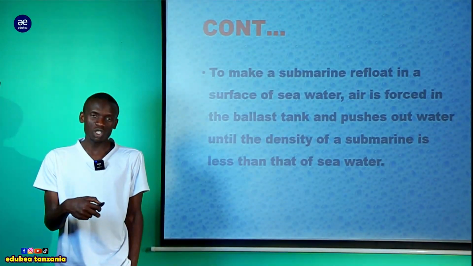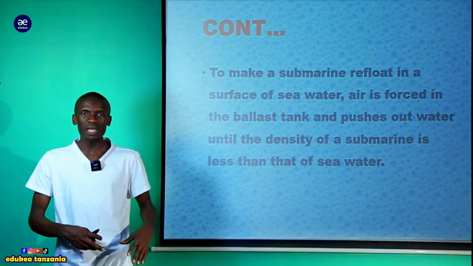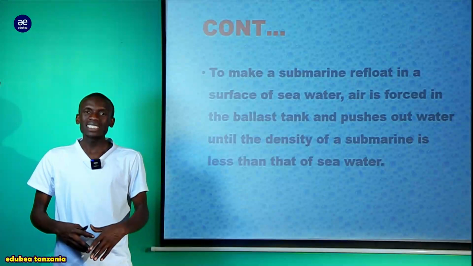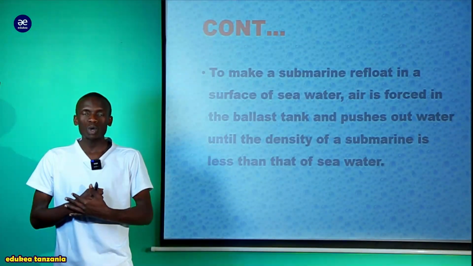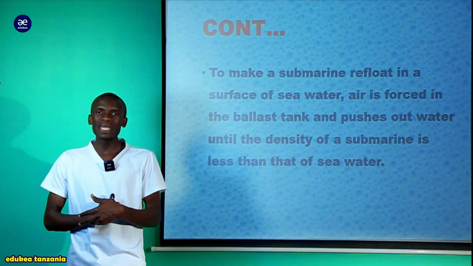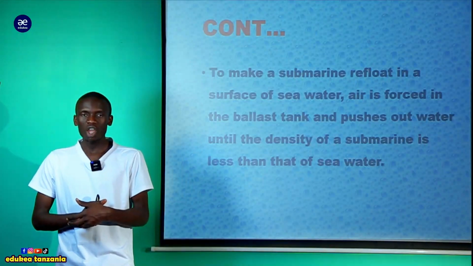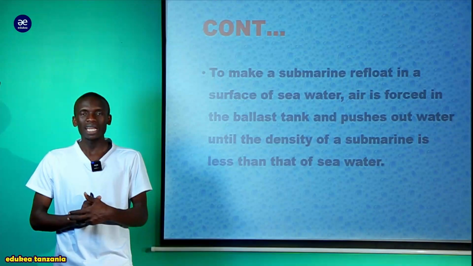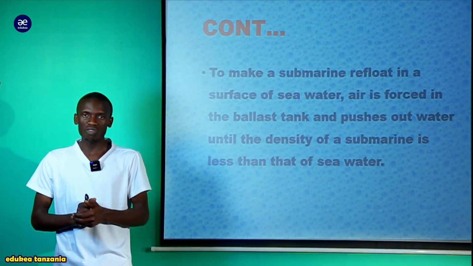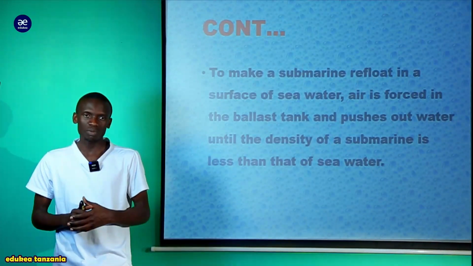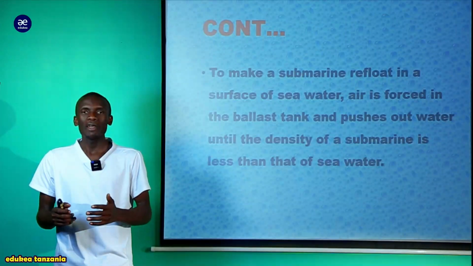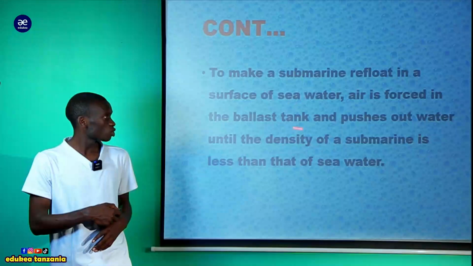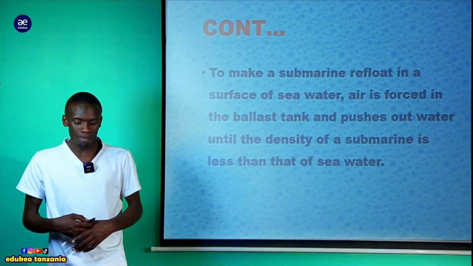When air is forced to enter the ballast, it tends to push out water from the ballast until the density of the submarine is less than the density of seawater, and this makes the submarine float over water as a ship. So that is about a submarine.